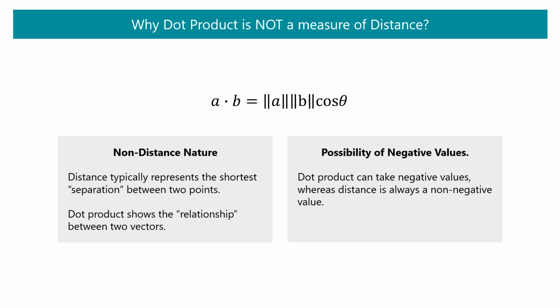The second is the possibility of negative values. The dot product can take negative values, whereas distance is always a non-negative value. Thus, the information from the dot product differs from that for distance. Therefore, while the dot product's formula contains the distance between vectors, the dot product itself does not represent the distance.